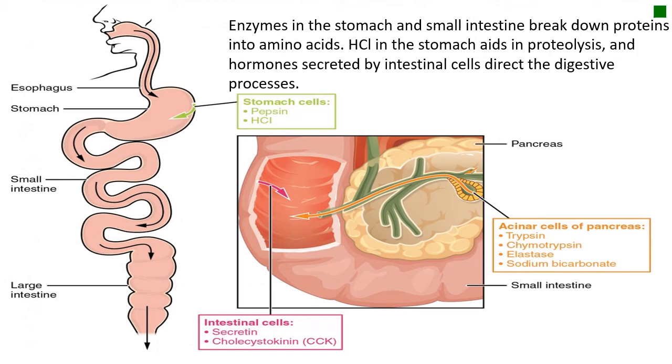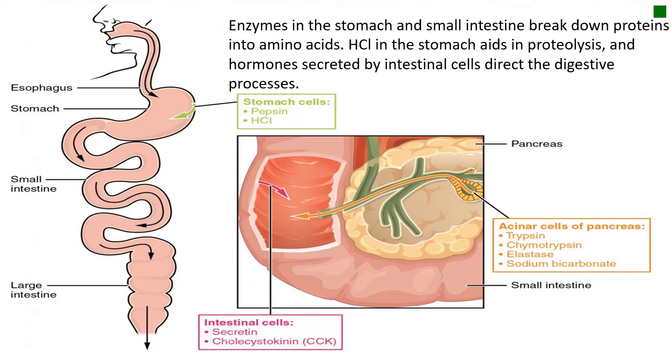Pepsin, which is an enzyme, cuts protein into smaller polypeptide chains and their constituent amino acids. When the food-gastric juice mixture, which we call the chyme, enters the small intestine, the pancreas releases sodium bicarbonate to neutralize the hydrochloric acid. This helps to protect the lining of the intestine from ulceration.